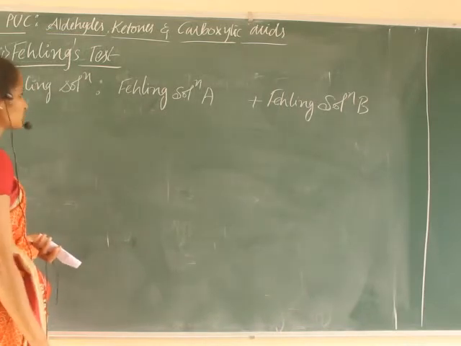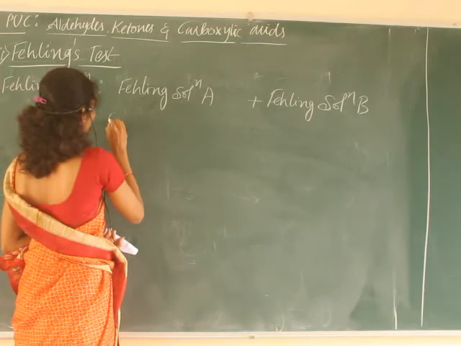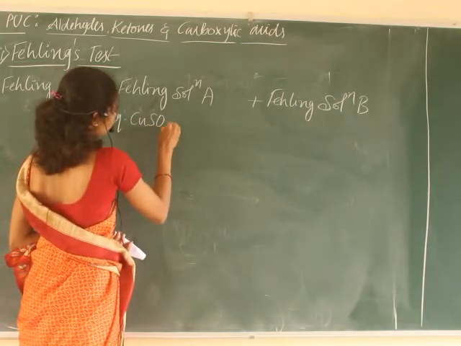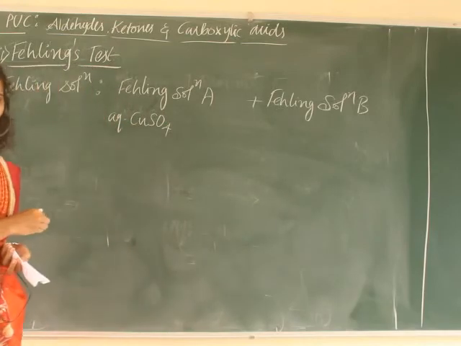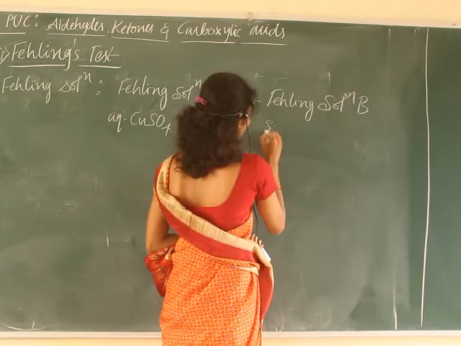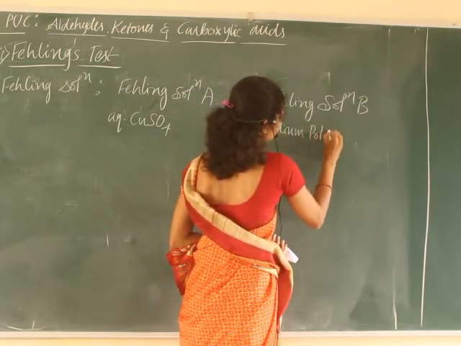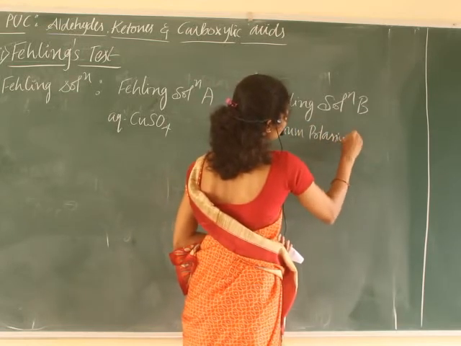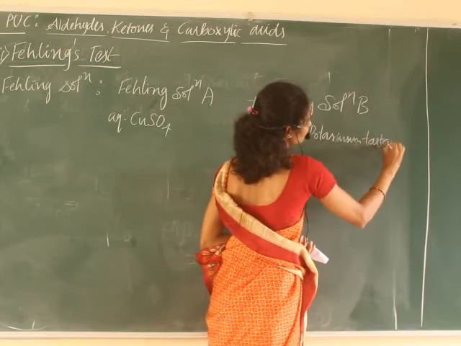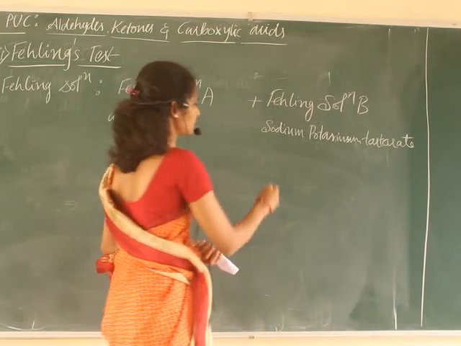Now what is Fehling's solution A? Fehling's solution A is nothing but aqueous copper sulfate solution, and Fehling's solution B is nothing but sodium potassium tartrate, that is the double salt of tartaric acid.